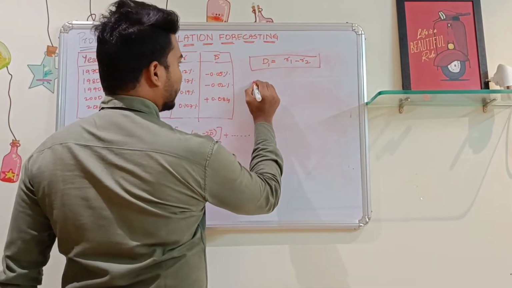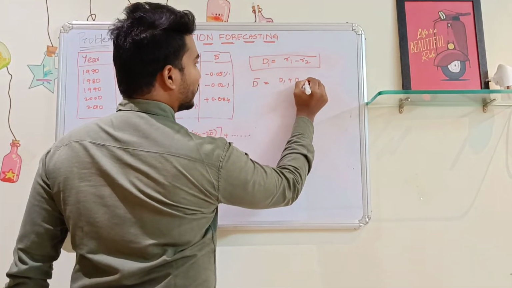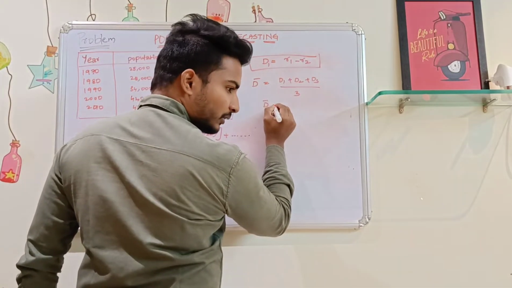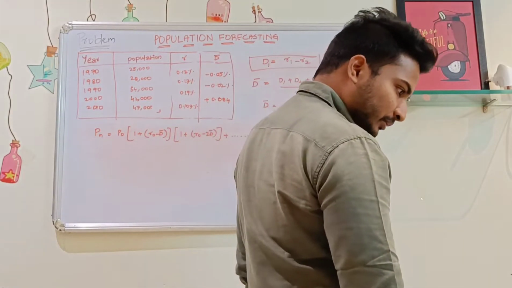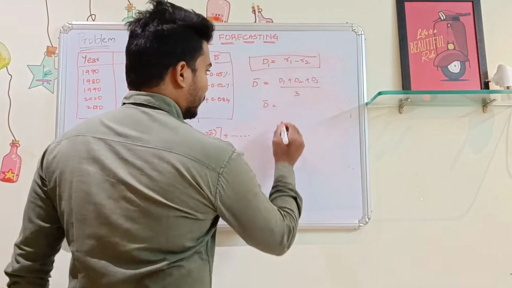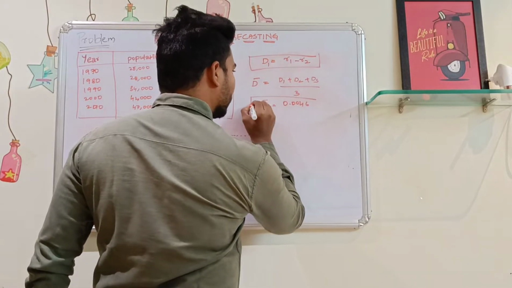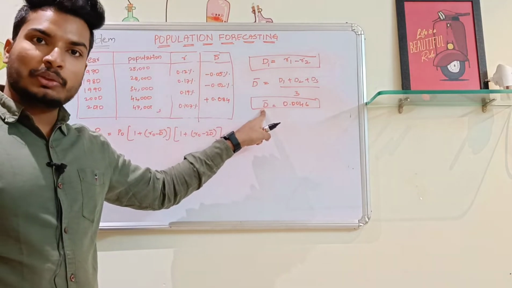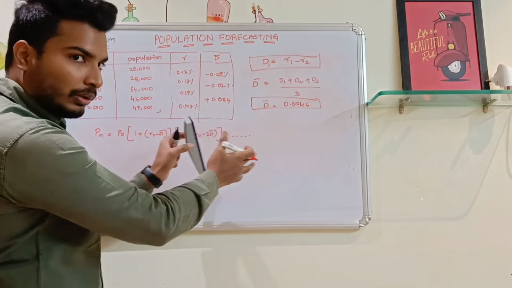So what is D bar? D bar is the average of D1 plus D2 plus D3 by 3. So we'll be getting D bar as 0.0046. So D bar is the average decrease in the growth rate of the population. Substitute all those values in this formula.